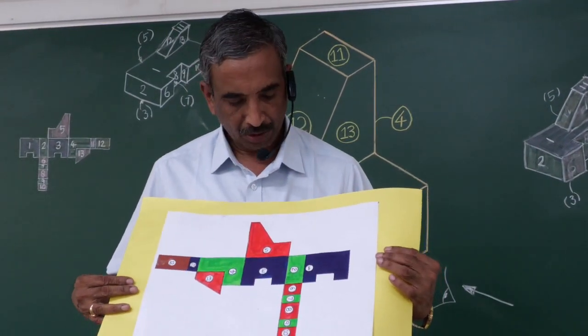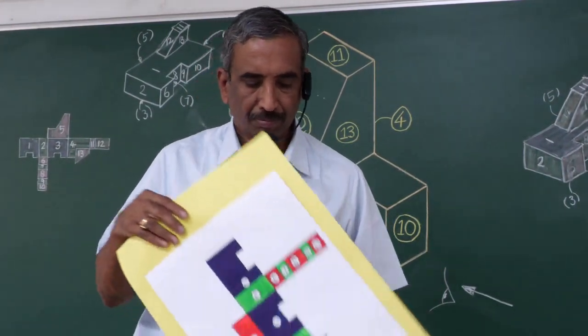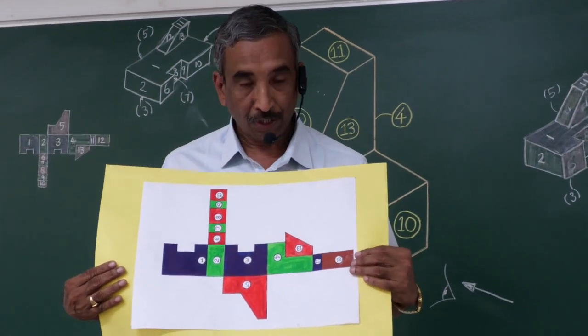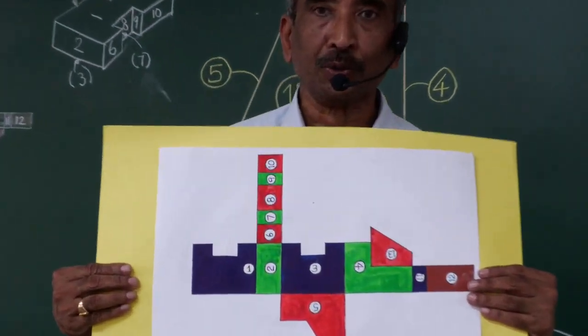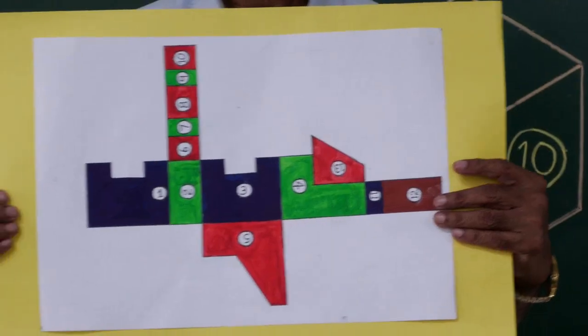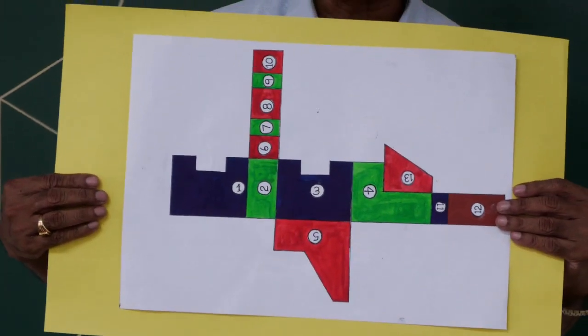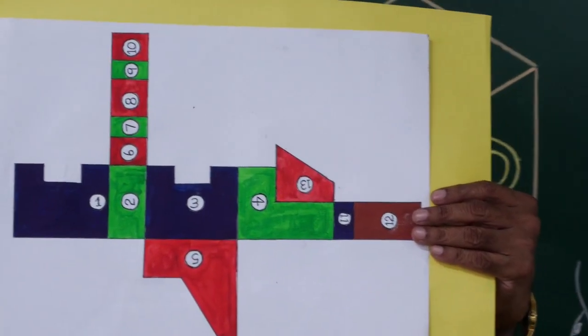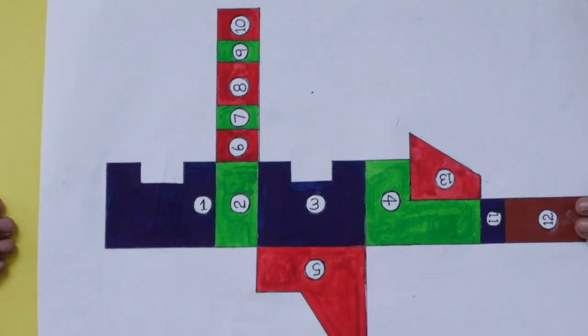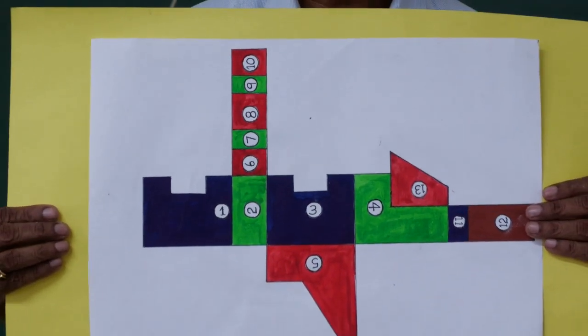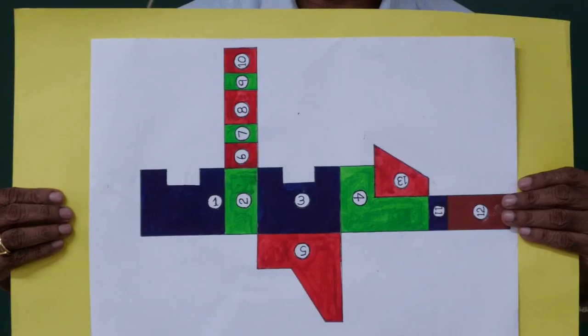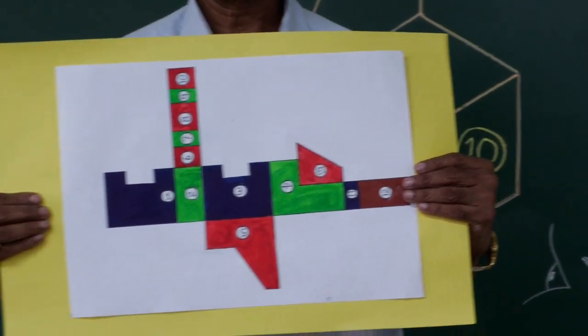Then you do coloring also. Once you do coloring, as we have done, it will be very easy to understand the concept of orthographic projection.